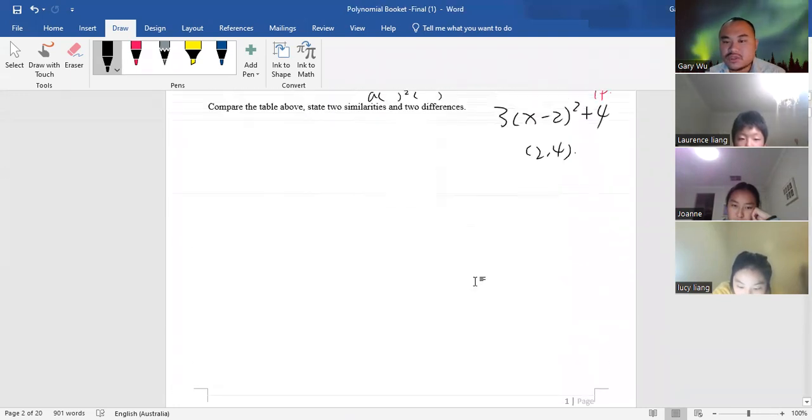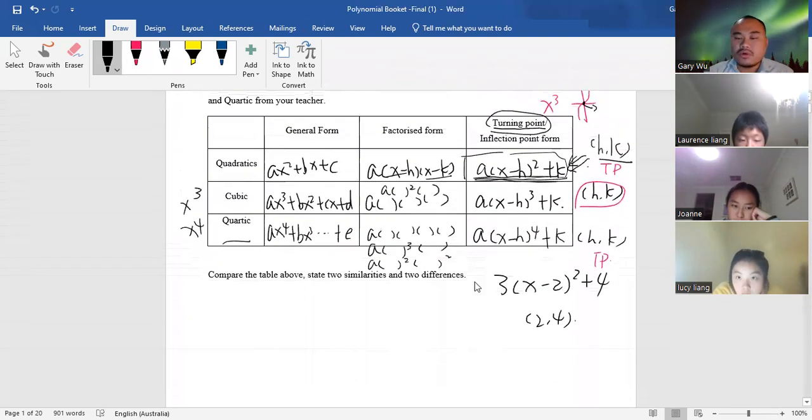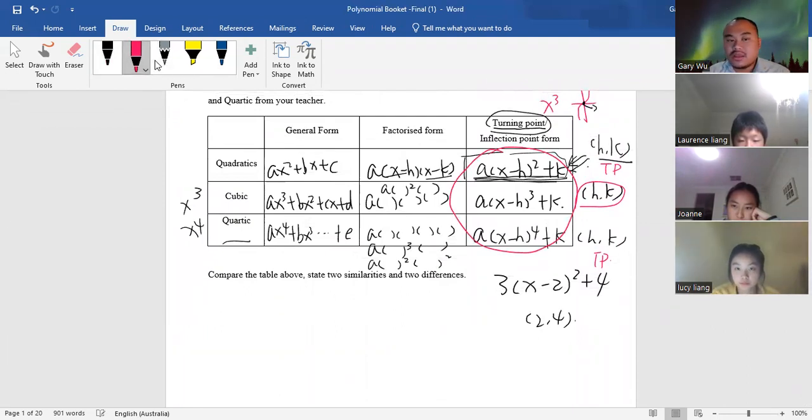But basically, what you need to know is that even though these three look similar, quadratic and quartic have turning points, and for a cubic function, like this form, this is called a stationary point of inflection. It's not a turning point.